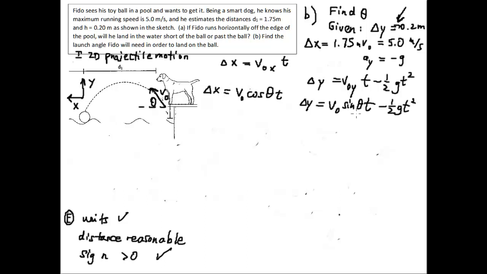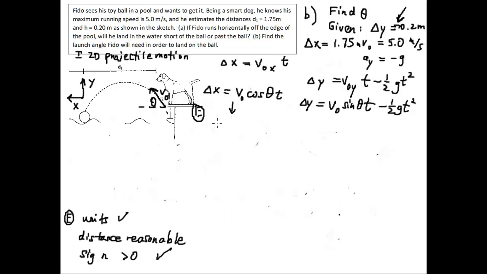And so what's the strategy here? We're trying to solve for theta, so what we will do, and now we're in the execute phase again, we've set the problem up. We've identified, of course, what problem type it is. We're going to solve for t from the delta x equation and then plug it into the delta y equation.